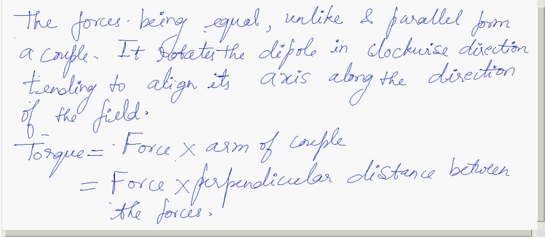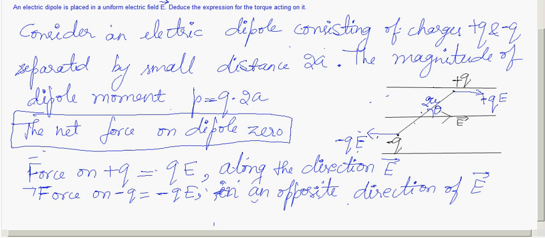Now in the figure we will see what it is. If I mark this point as A, this point as B, the perpendicular distance between the forces will be AC.